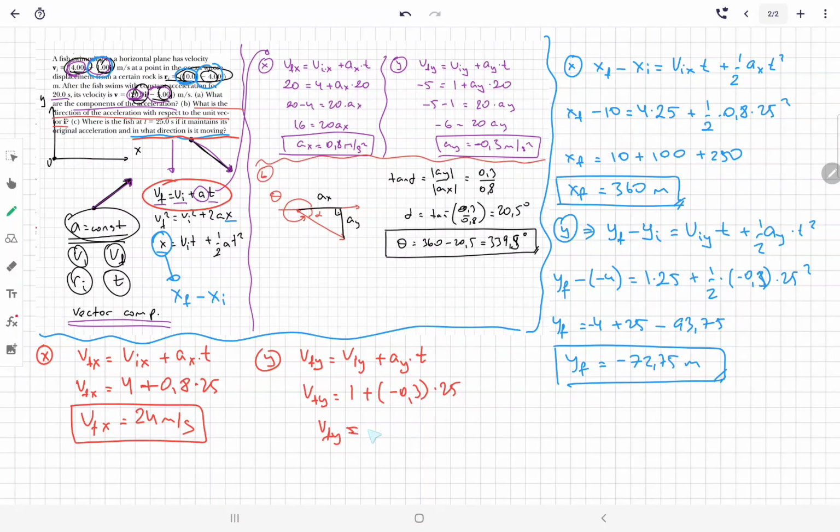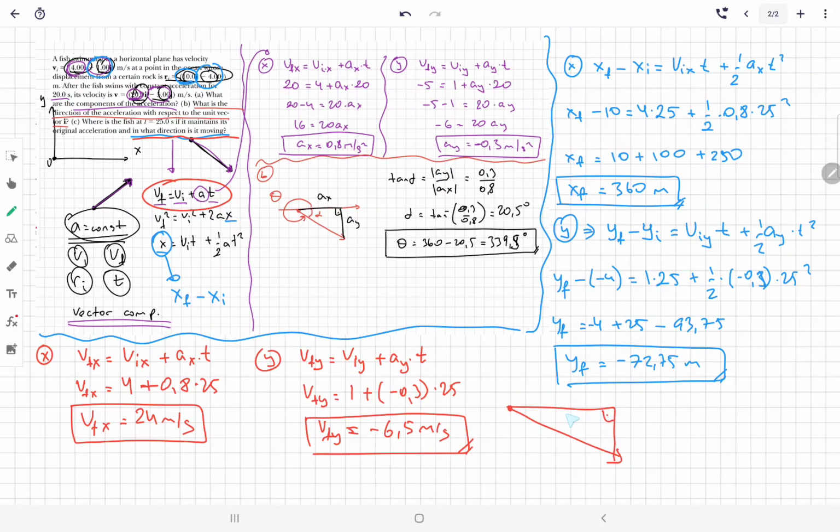So final velocity in vertical direction equal to -0.3 times 25 plus 1. So answer is -6.5 meters per second. As you see here, we have a negative velocity. It means it will be moving downward. So this is the direction of the velocity. X direction positive, vertical direction is negative.